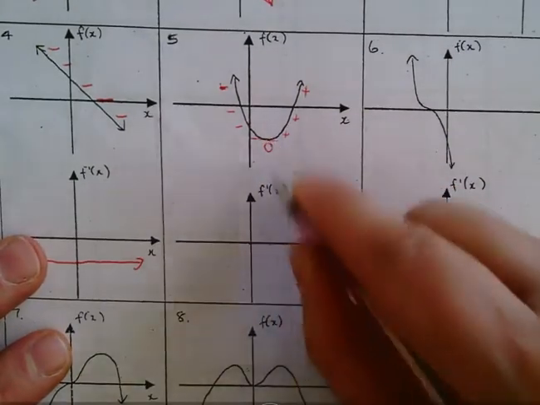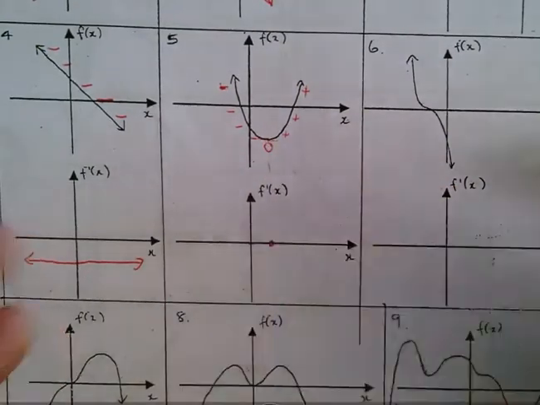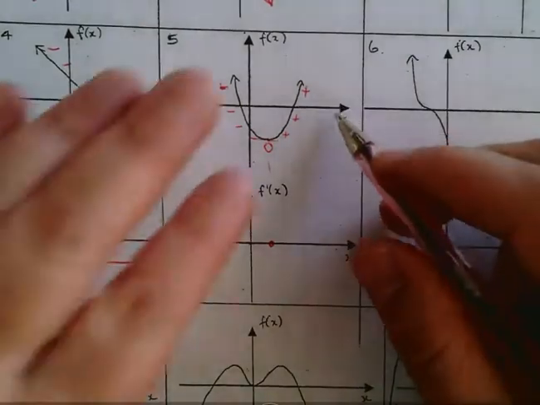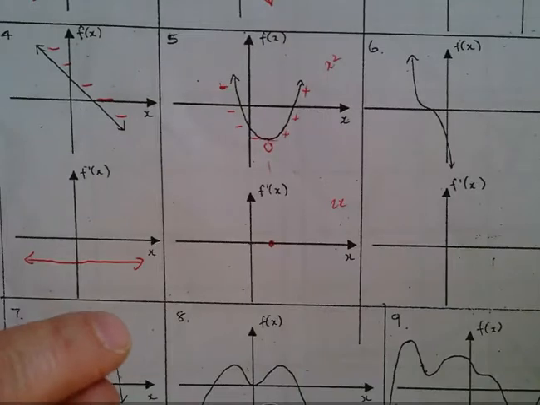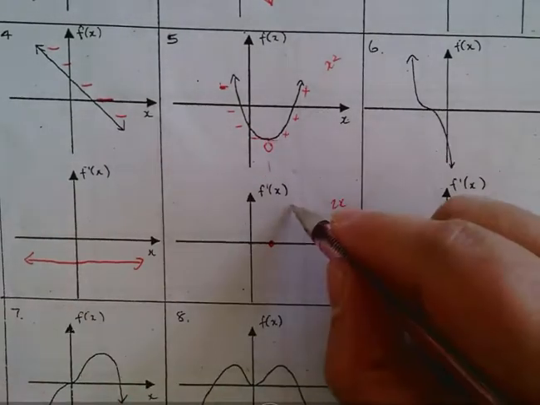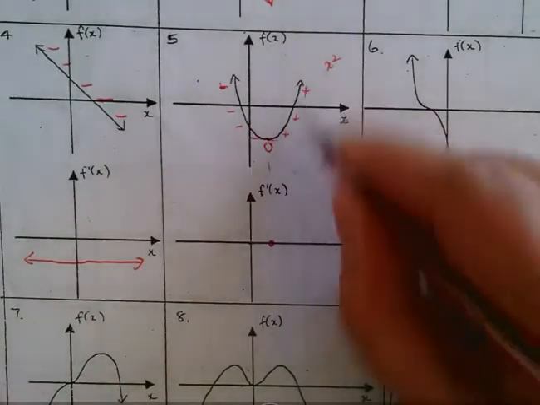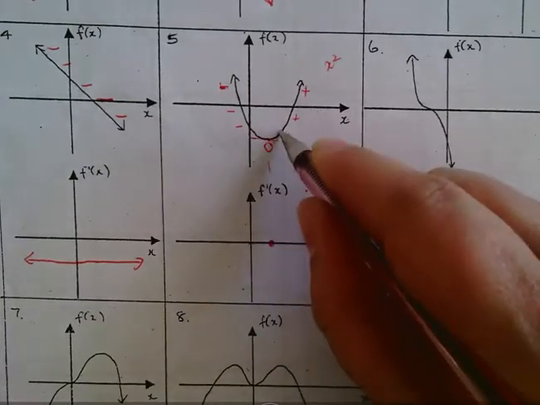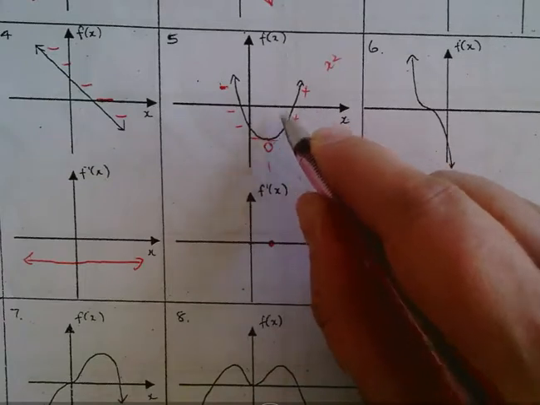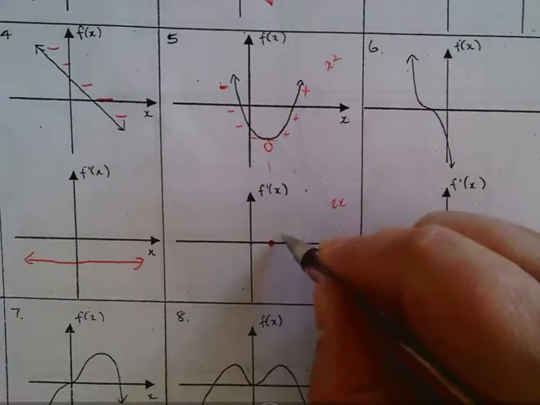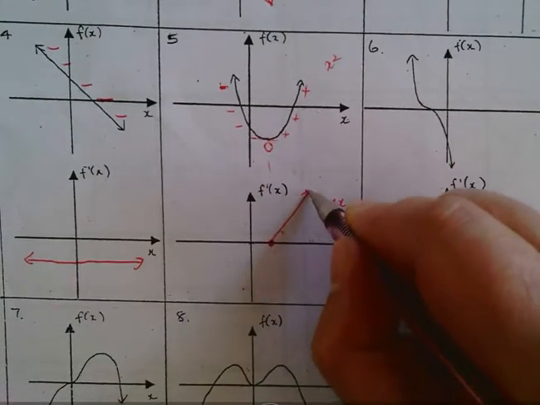So at this particular value of x, the gradient's 0. This is an x squared type. When you differentiate it, you're going to get a straight line. So at this particular value of x, you've got big positive values for the gradient. At this value of x, you've got smaller positive gradients like this.